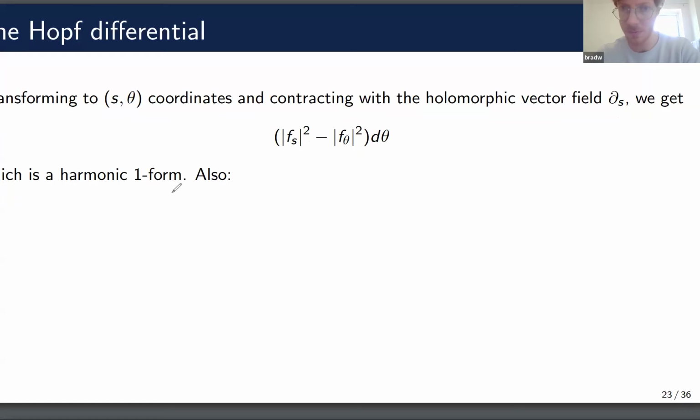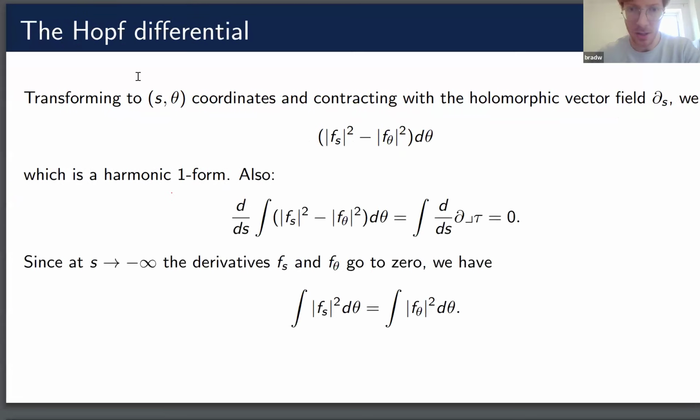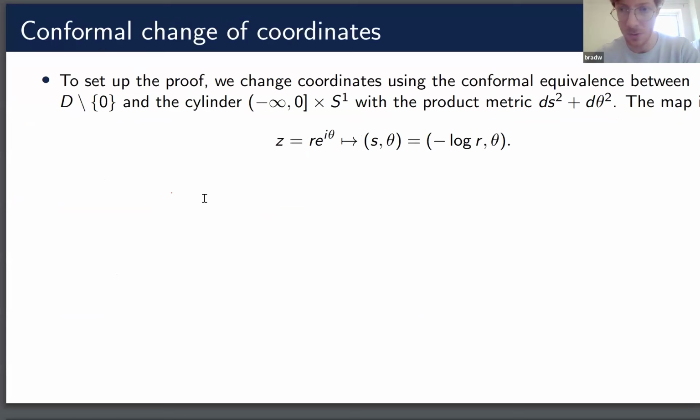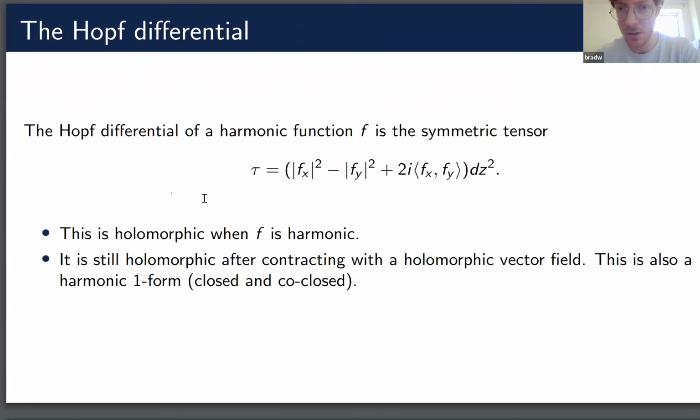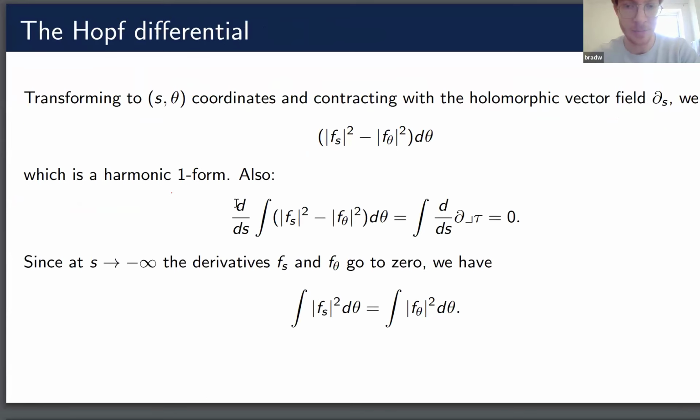So the point is, we integrate this over theta and calculate the derivative. If we do that, we can take the derivative inside, and let's just do a bit of a calculation here.